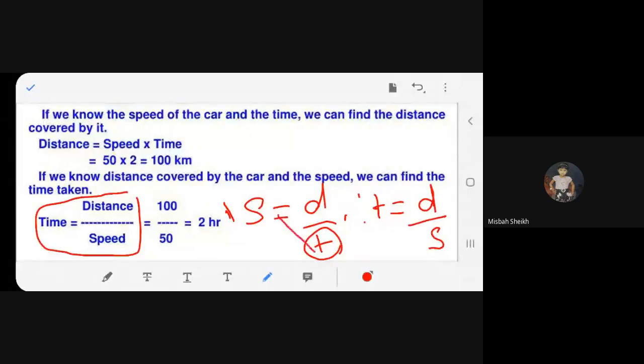I took this on top and I put this one down. Can I do this? It's maths. Can I do this or not?